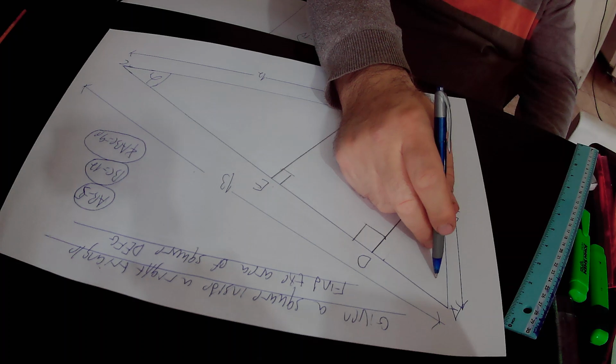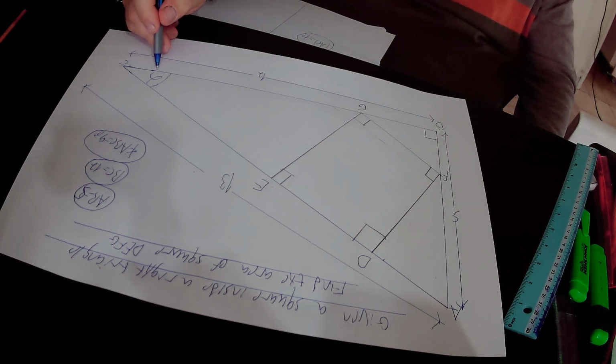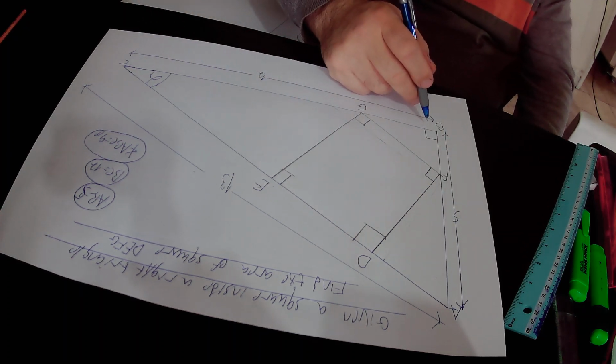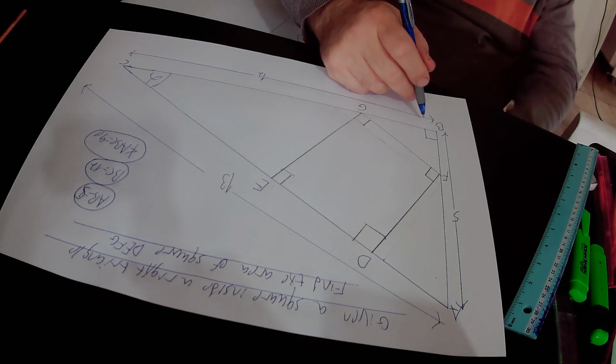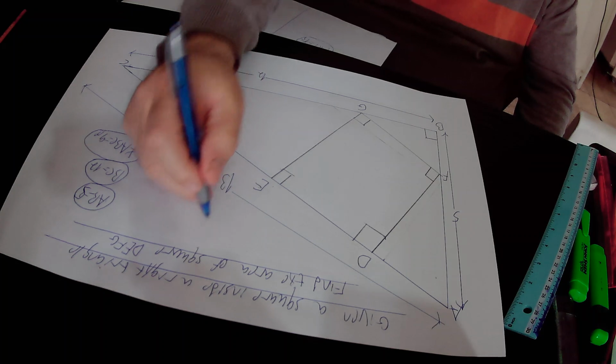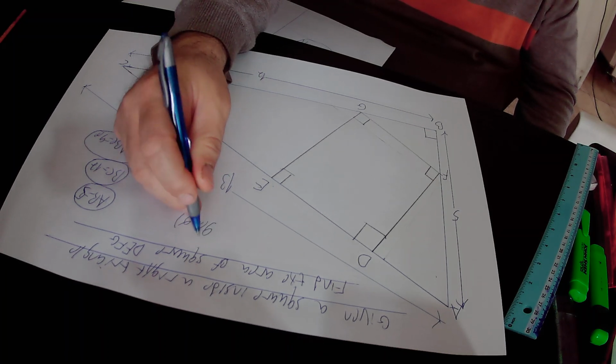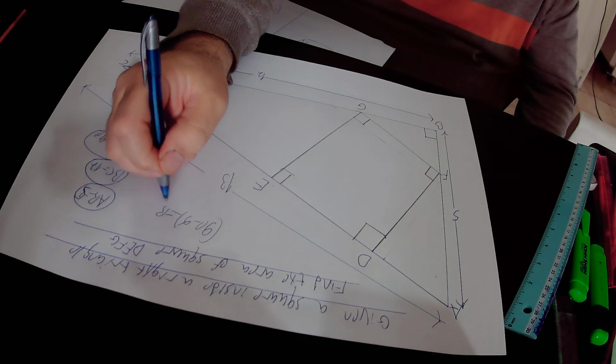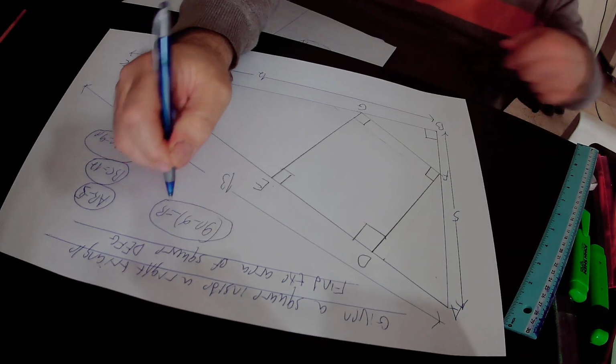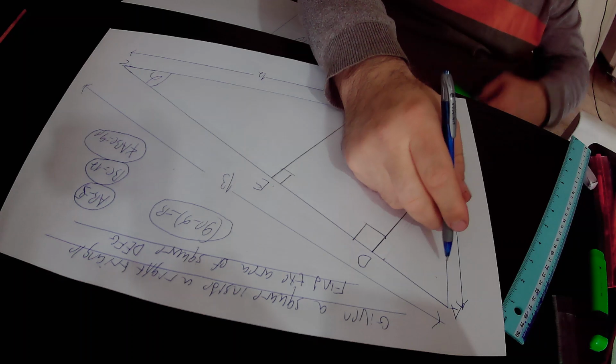Why? Because 90 degrees minus alpha plus alpha is 90 degrees, and 90 degrees plus 90 degrees equals 180 degrees, that is the sum of the angles in any triangle. We define 90 degrees minus alpha as beta, and therefore the missing angle here equals beta.